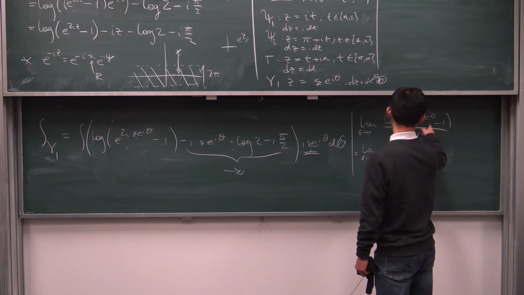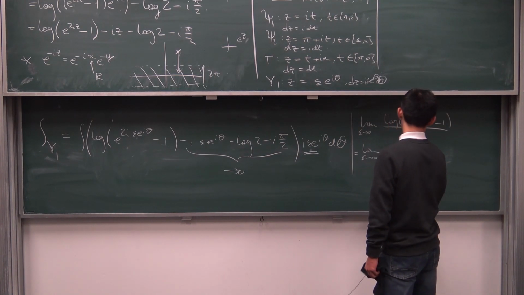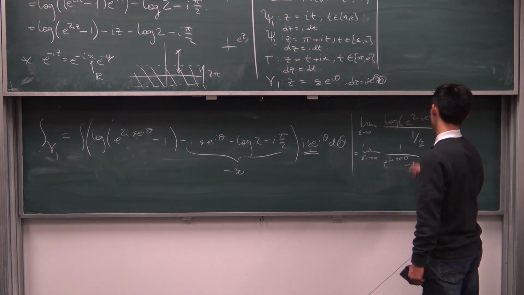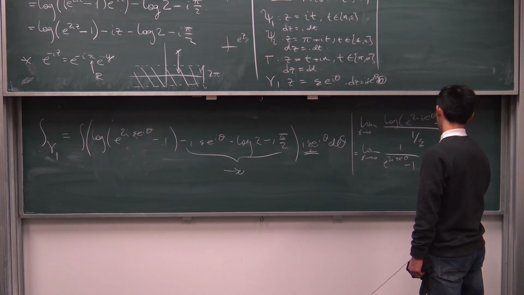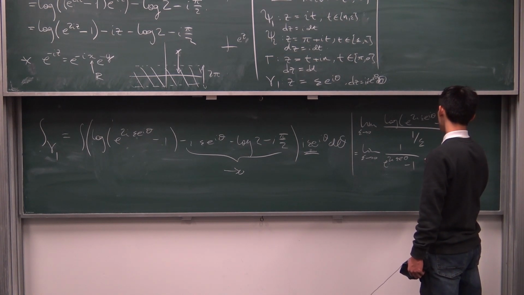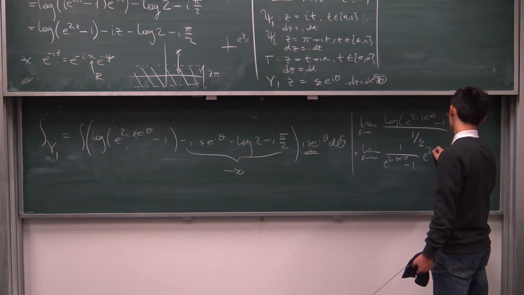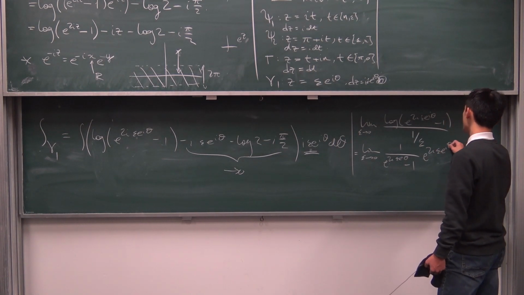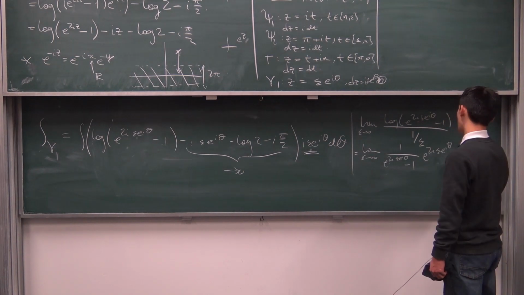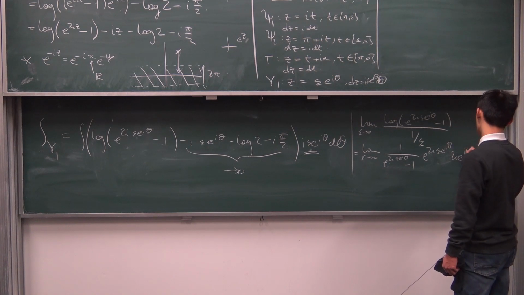Once again, if you differentiate the top, that's going to be something like 1 over e to the 2i epsilon e to the i theta minus 1, and you have to multiply by the derivative of this guy. It's probably not something nice. It's going to be e to the 2i epsilon e to the i theta times the derivative of the inside, and the derivative of the inside is going to be 2i e to the i theta, I believe.